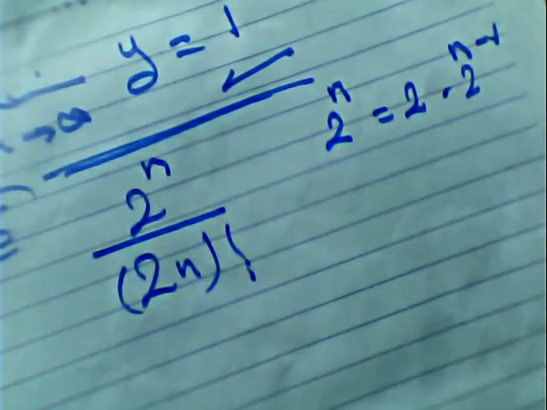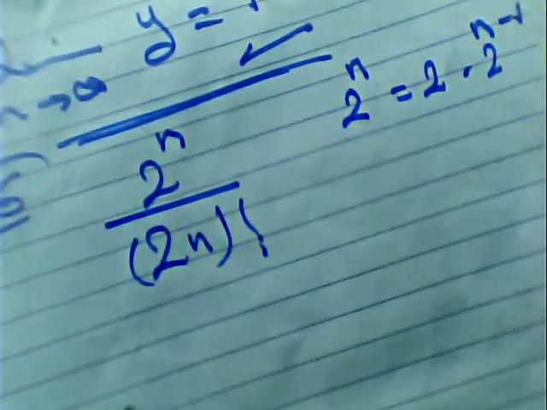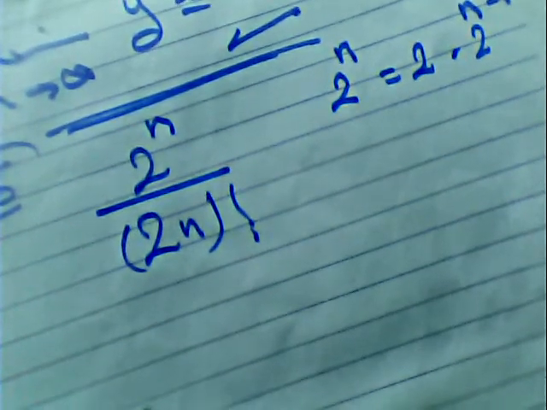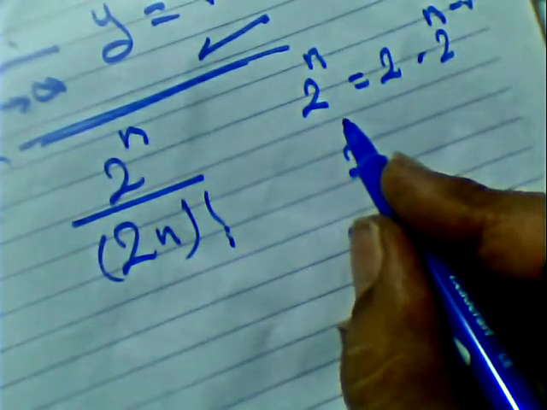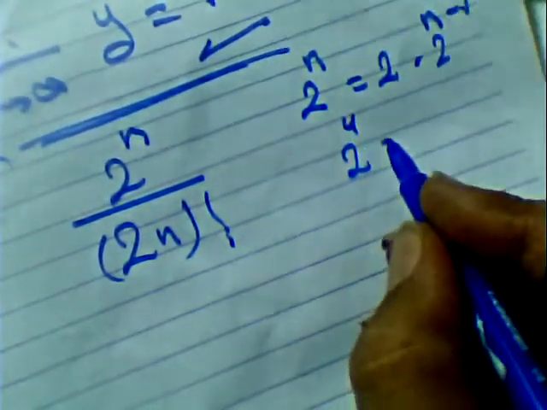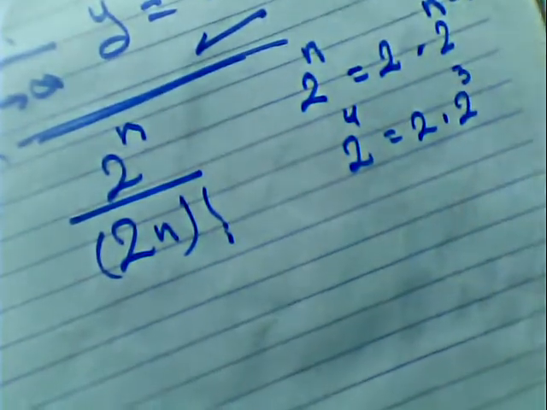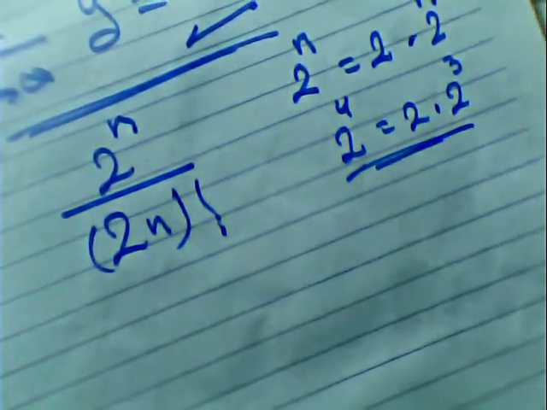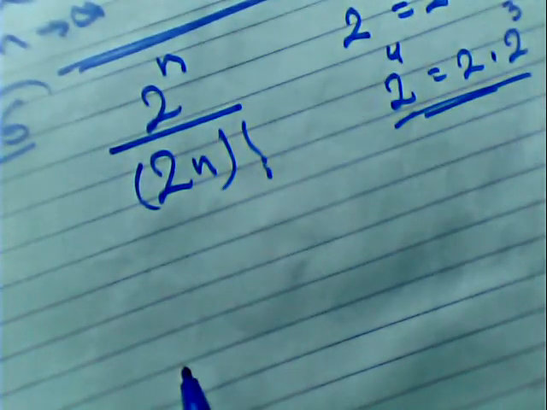Then we can use this idea to solve this sequence. For example, 4 factorial means 4 times 3 times 2, then we can solve and replace like that, using the same idea.